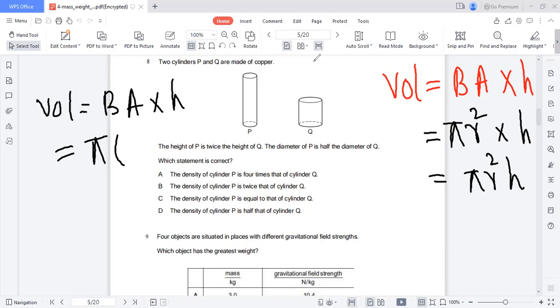Its diameter is given as twice, so we can transform it in terms of diameter as well. The original formula is pi r squared times h, but in this particular case I'm going to convert it into diameter form.